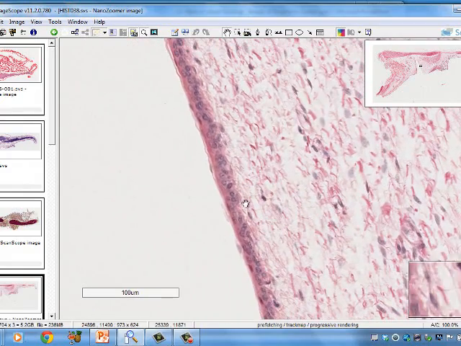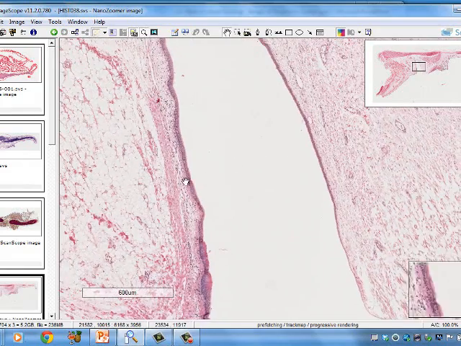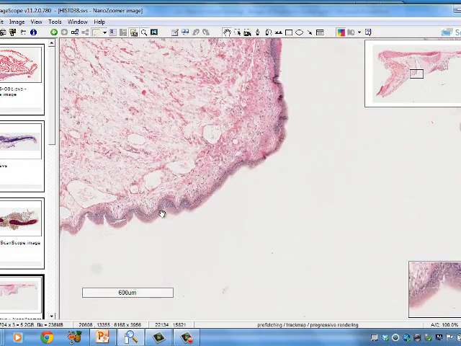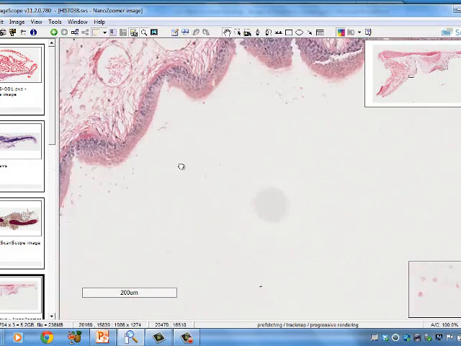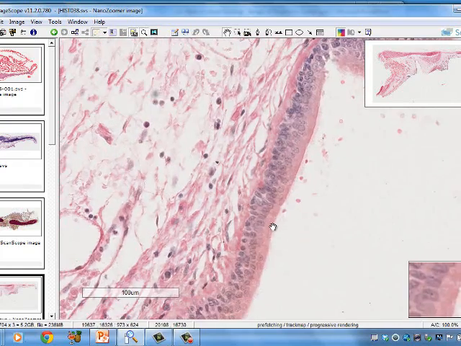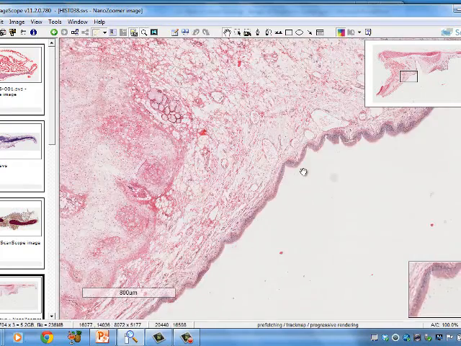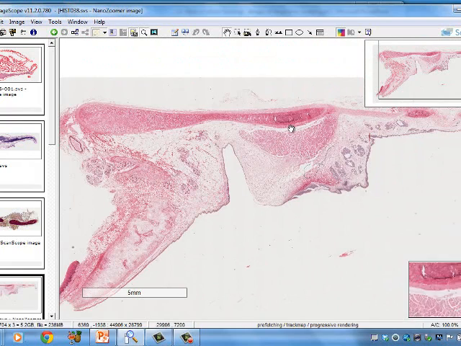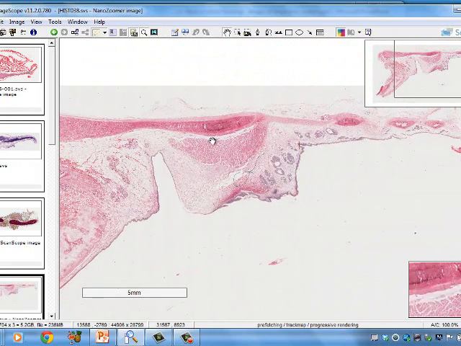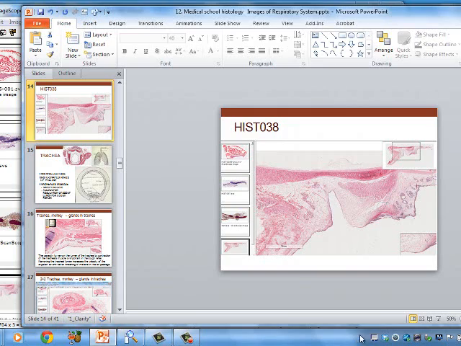Here we see stratified squamous very nicely there, flattened cells on the very surface. In contrast to over here, we would expect to see respiratory epithelium with goblet cells and ciliated cells. Cartilage, this is hyaline cartilage, this is a muscle of the vocal cords as well.